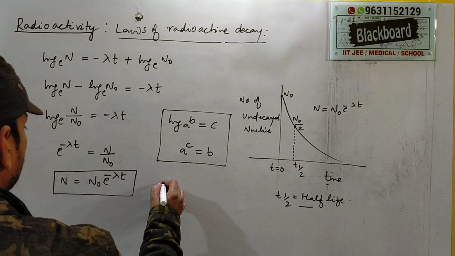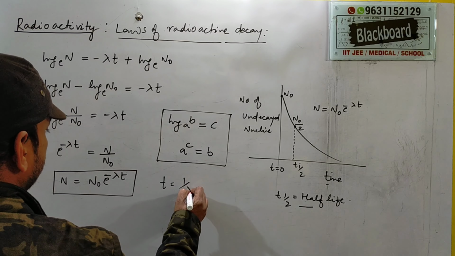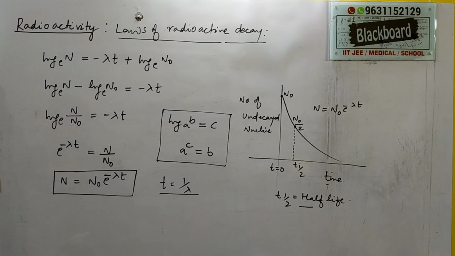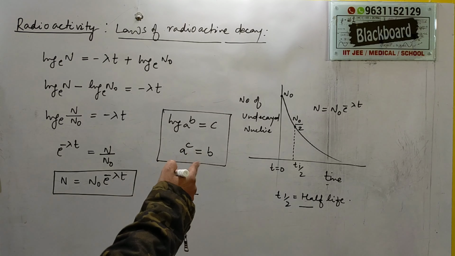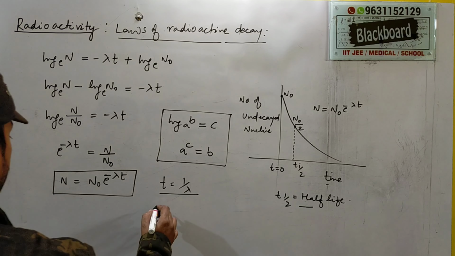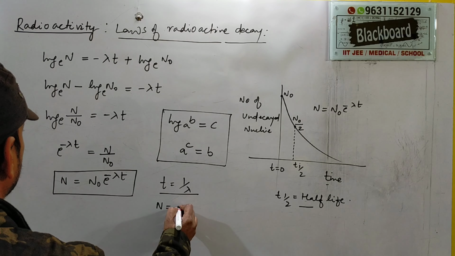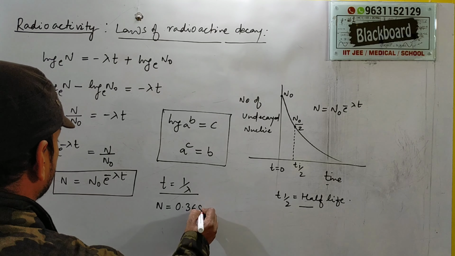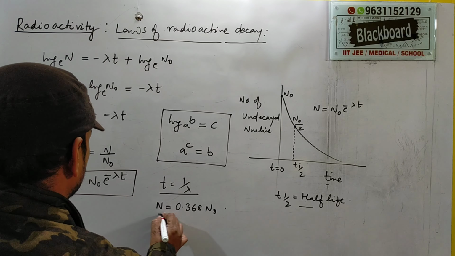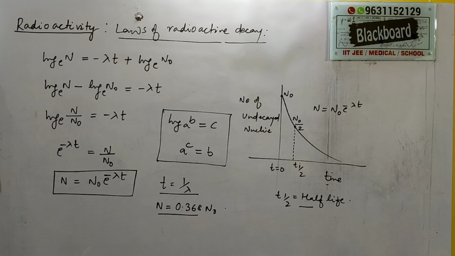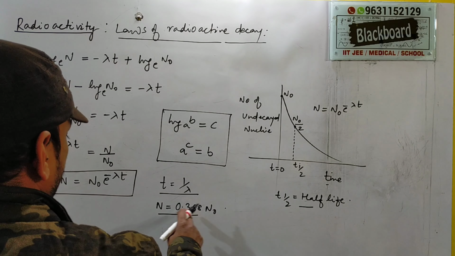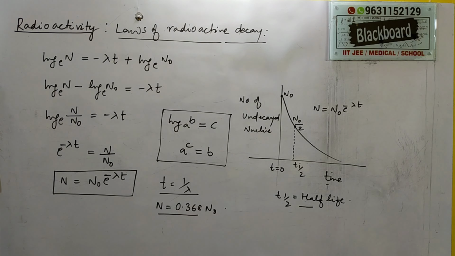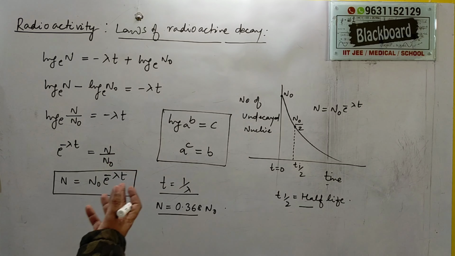Putting t equals 1 by lambda in the equation, you will get n equal to 0.368 n naught. The amount remaining at that time will be 0.368 times the initial value in the radioactive material.